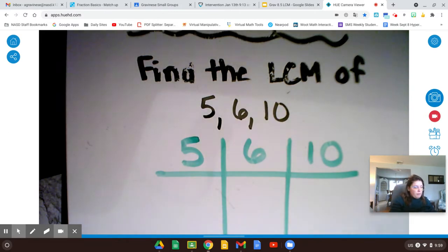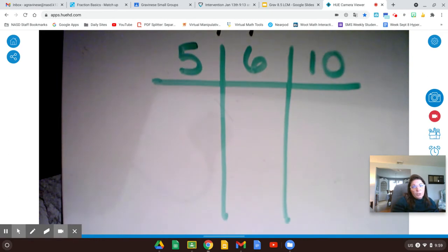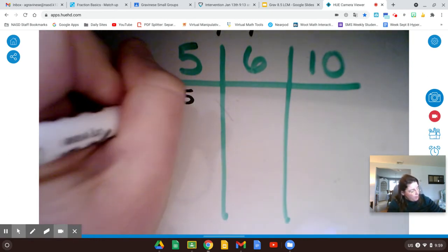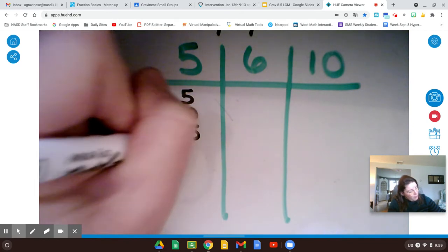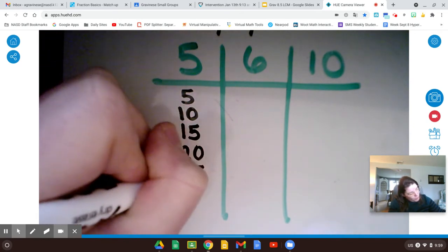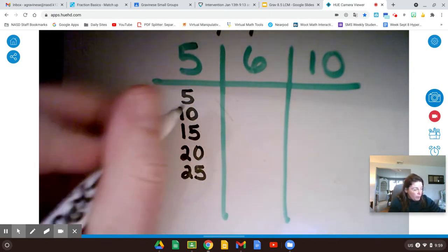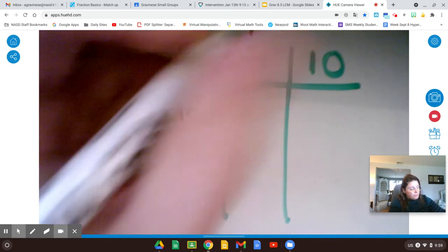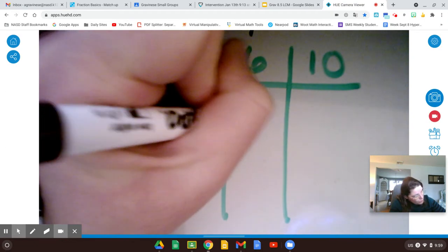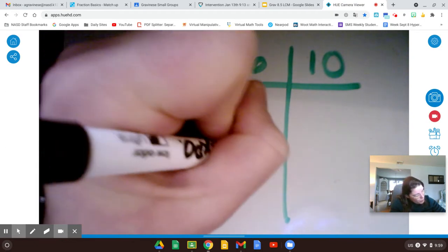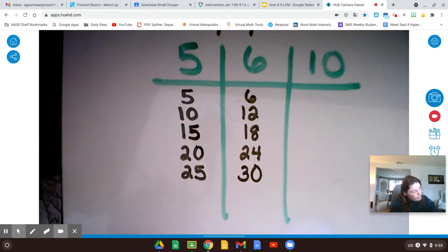All right, so I want to find a common number in all 3 lists, not just 2 of them. Let's count by 5s. 5, 10, 15, 20, 25. Let's count by 6s. And remember, we're looking for some of these in common. 6, 12, 18, 24, 30. Let's do some 10s.